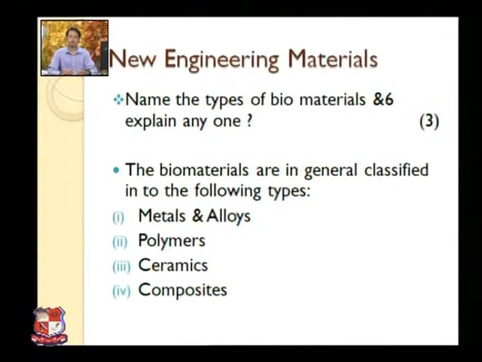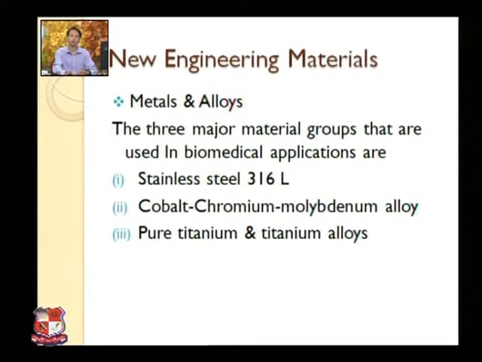So these are the types of biomaterials. Let us explain one of them; you can also explain any one of them. First of all, you have to write the names of the metals and alloys used in engineering applications as a biomaterial. These are the 3 materials.